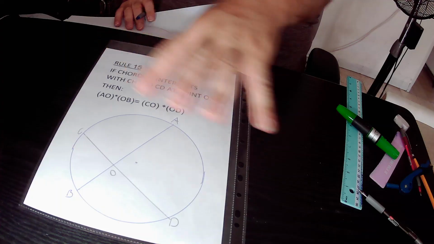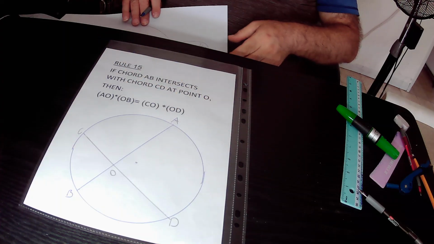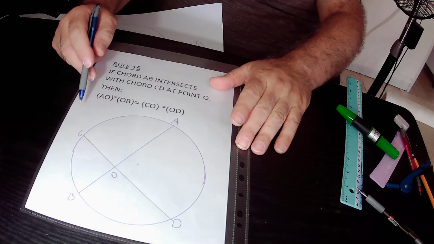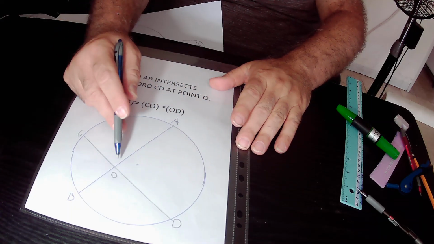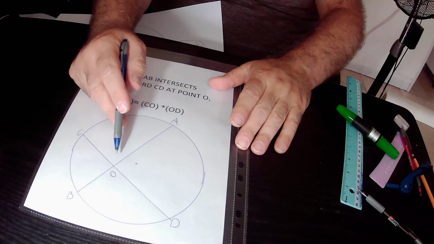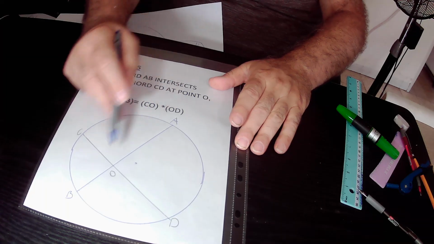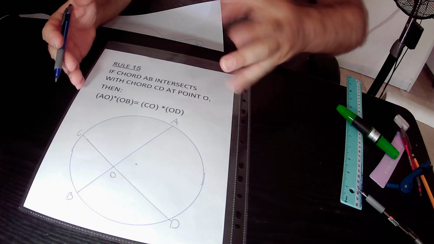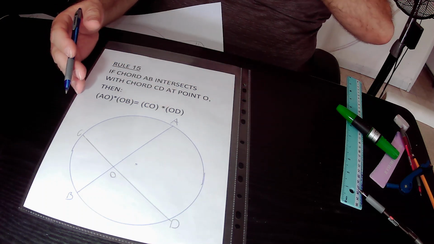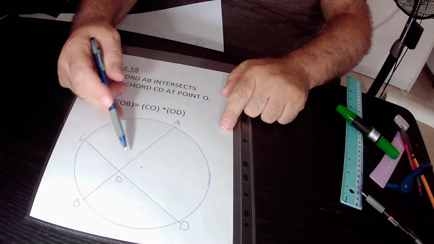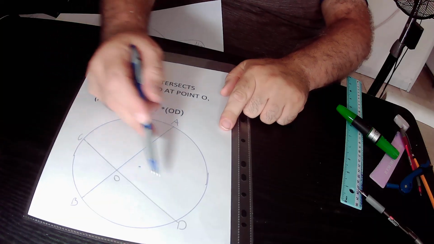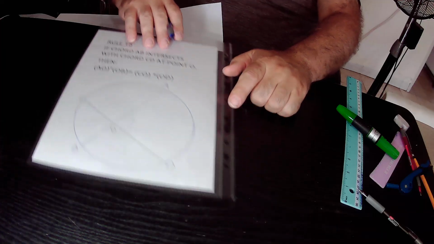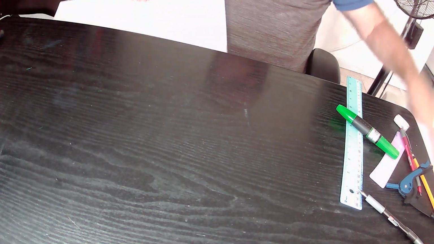In the drawing we have a circle, and chord AB intersects with chord CD at point O, the intersection point. According to this rule, AO times OB equals CO times OD. So we can actually implement rule 15 in our drawing.